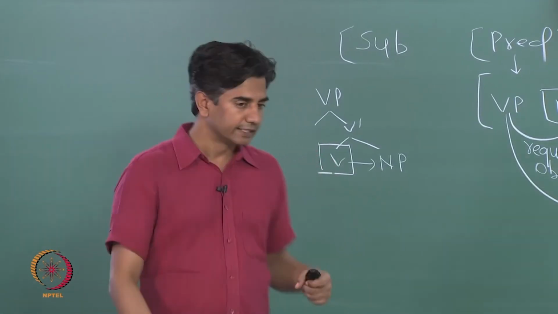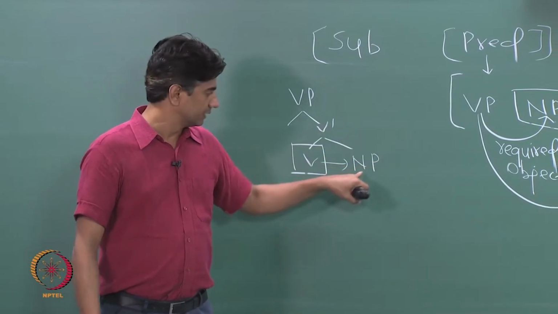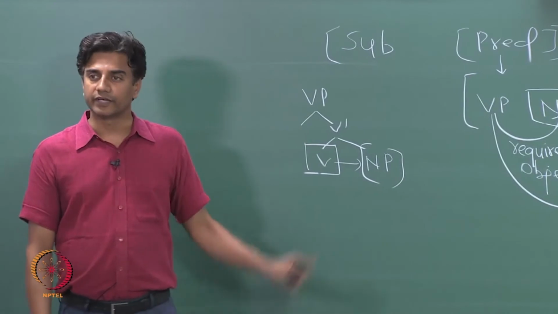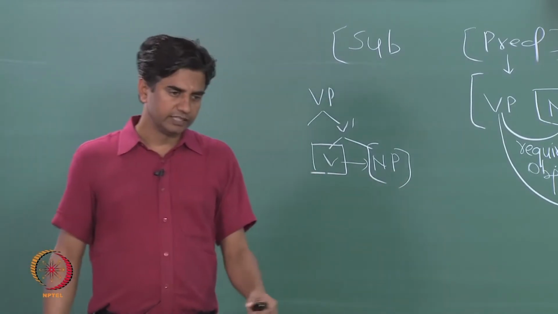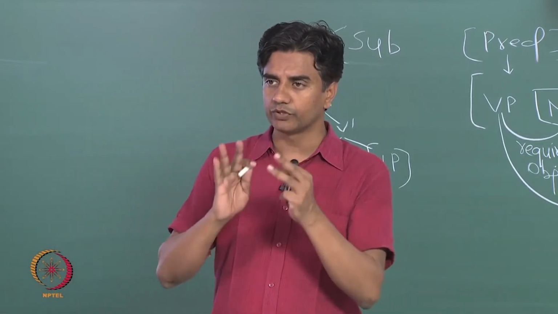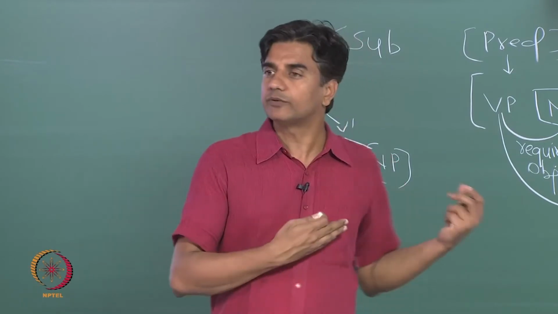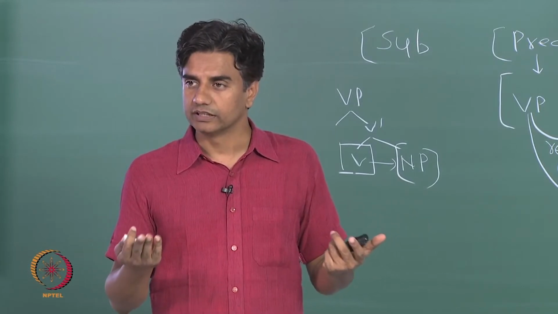And then we say that this V C-selects this NP. Okay? This V, C-selects this NP. That's all. We can say these things. I do want you to keep this in mind also: we can also say these things without these terms, and we are still good, right?